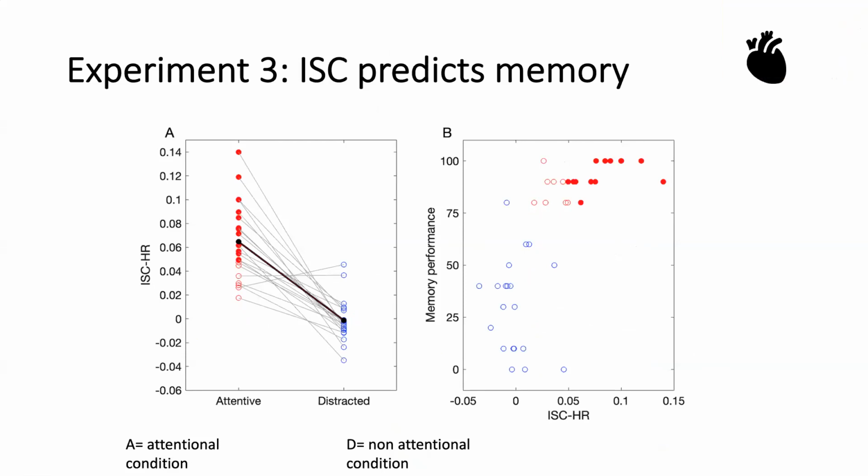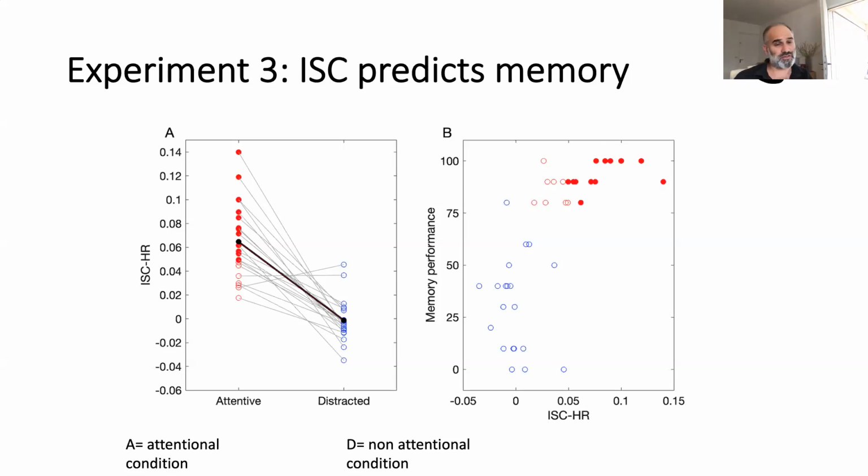And then the other half of the subjects had story 1 and 2 in the non-attentive condition, and story 3 and 4 in the attentive condition. So it's counterbalanced. You have half of the subjects listening to story 1 and 2 attentive, the other half distracted, and vice versa with story 3 and 4.